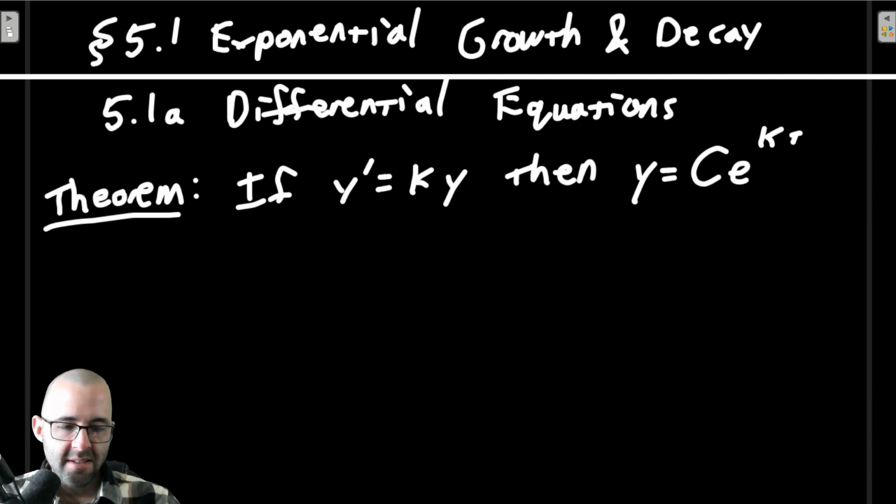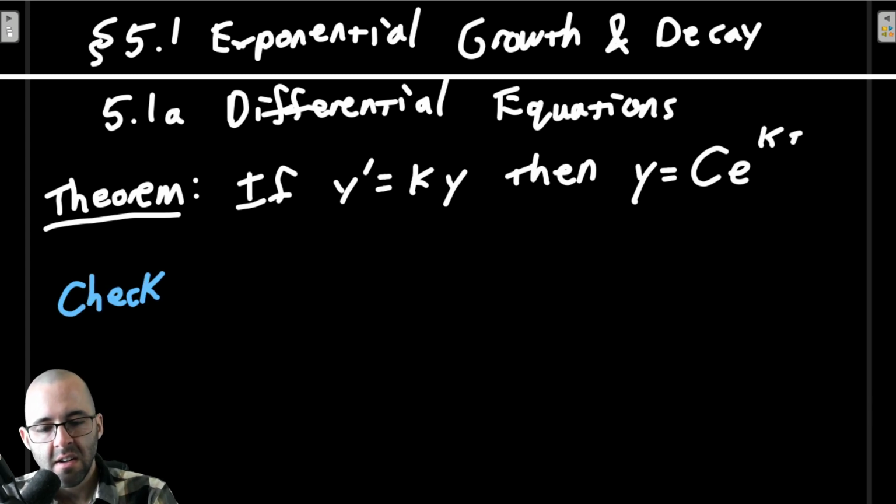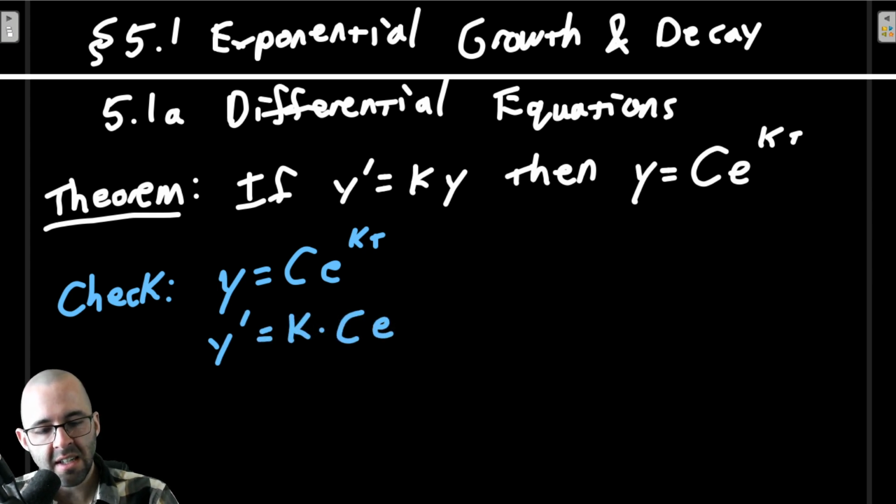So let's kind of verify this, or kind of look and see how it works, right? If this is our function, let's do a little check. It's not perfect logic here, but let's see that this sort of makes sense. If y equals some constant times e to some other constant times t, y prime, we know, is going to be k times ce to the kt, right?